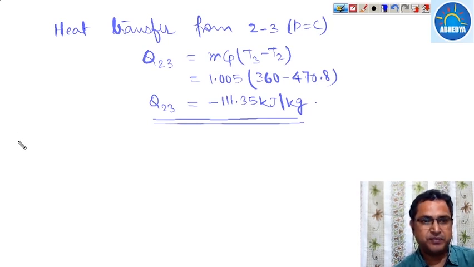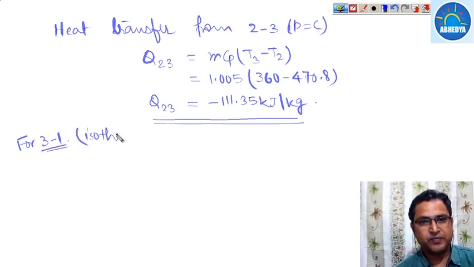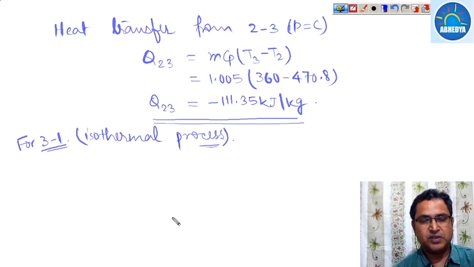Now for 3 to 1. So 3 to 1 is an isothermal process.